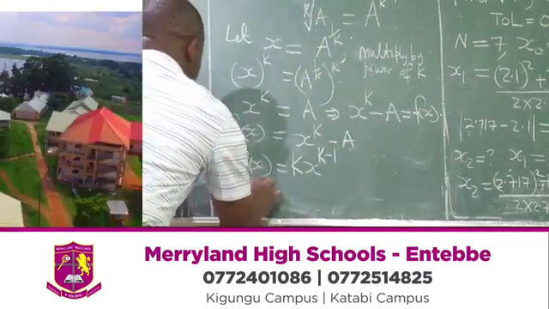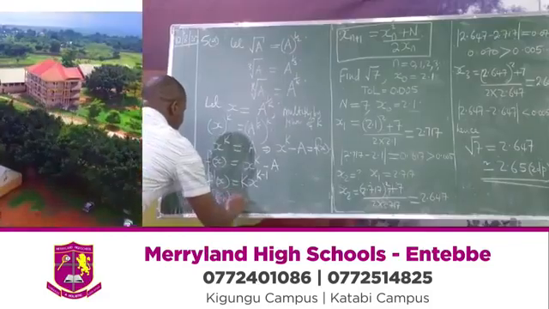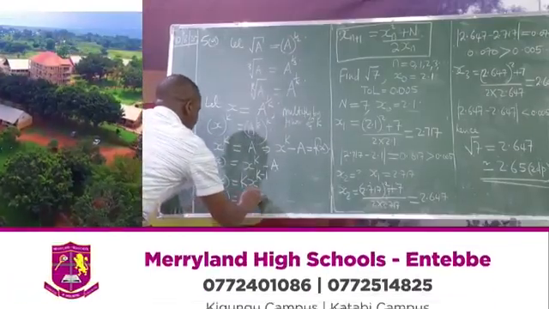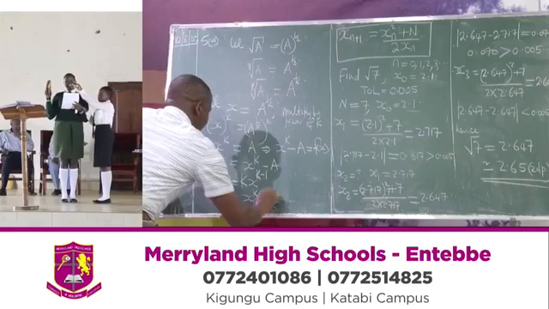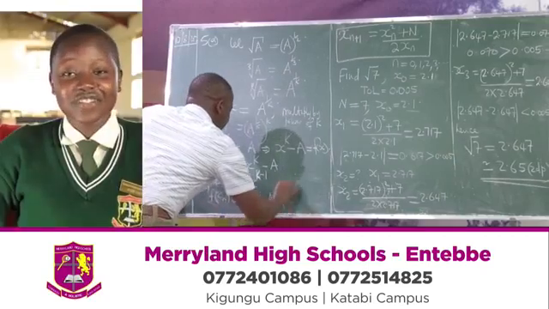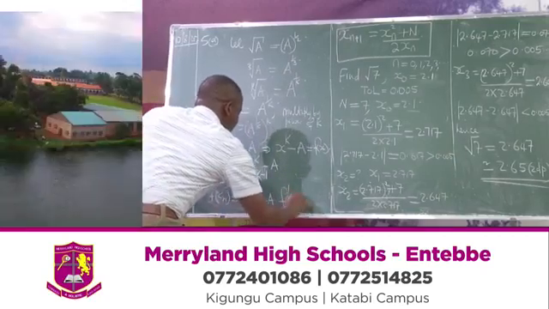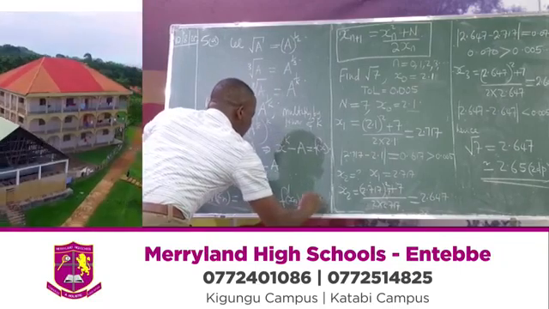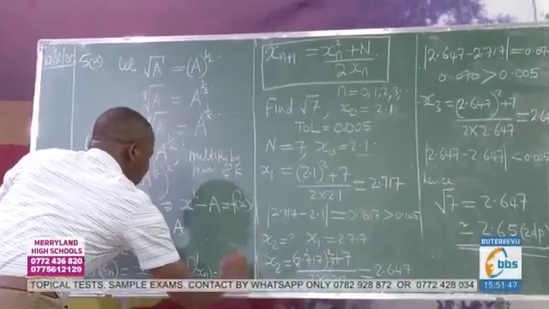Our f of xn will be xn to the k minus A, and our f prime of xn will be k xn to the k minus 1.